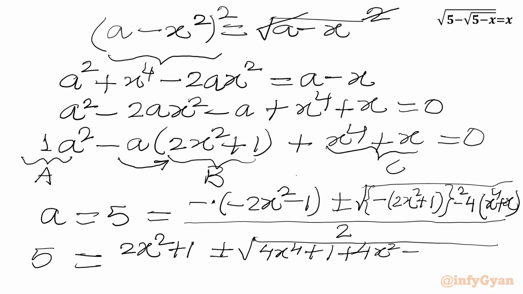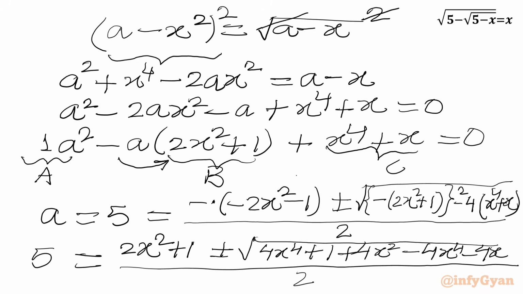Then we have minus 4 times x power 4 minus 4 times x, and in denominator we have 2. We will cancel 4x power 4 minus 4x power 4. So there would be 4x square minus 4x plus 1 inside the square root.